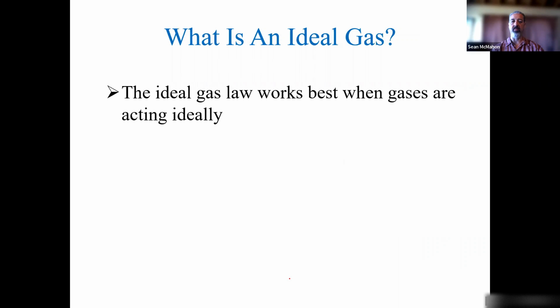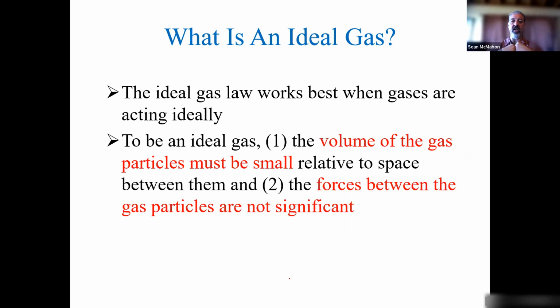So what exactly does an ideal gas mean? What's ideal? Okay. So the ideal gas law works when gases behave ideally. So there's a certain parameter for what's considered ideal. The volume of the gas particle must be small compared to the volume of space it occupies.